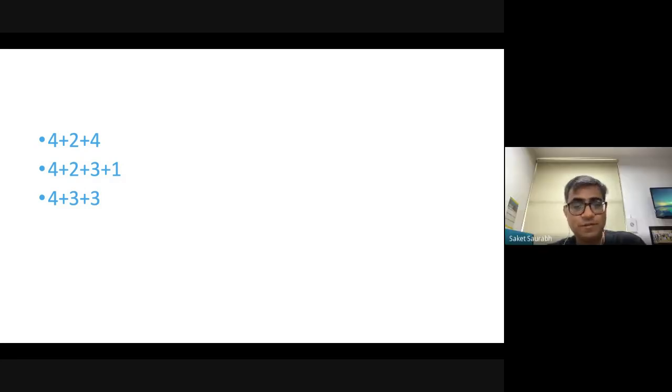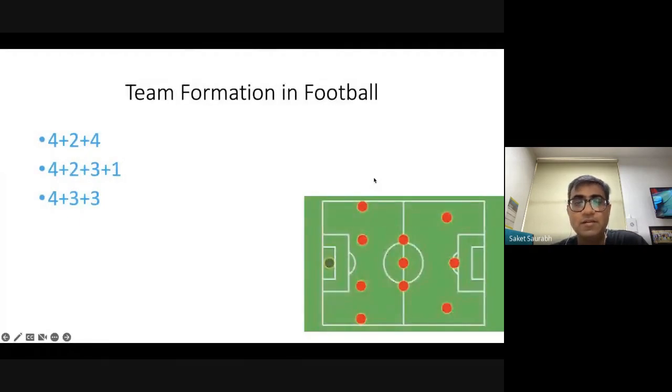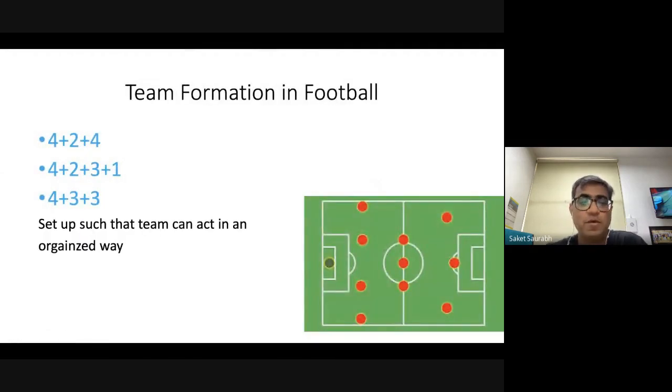That's right, they are football formations. This is basically a team formation in football, where generally the coach or manager sets up the team in a way that it can act in an organized way.